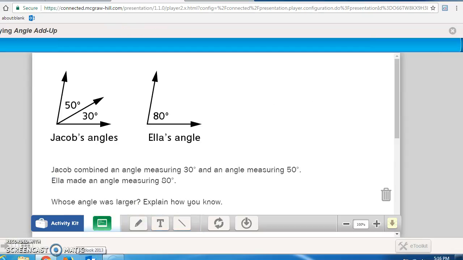What you're seeing here on the screen is what is going to be your assessment check-in for this lesson. It says, Jacob combined an angle measuring 30 degrees and an angle measuring 50 degrees. Ella made an angle measuring 80 degrees. Whose angle was larger? And I want you to come up and explain to me how you know.